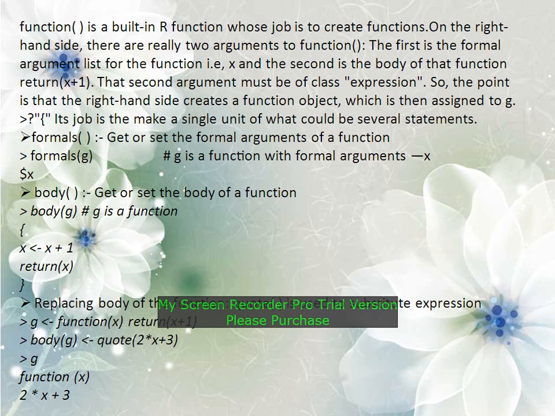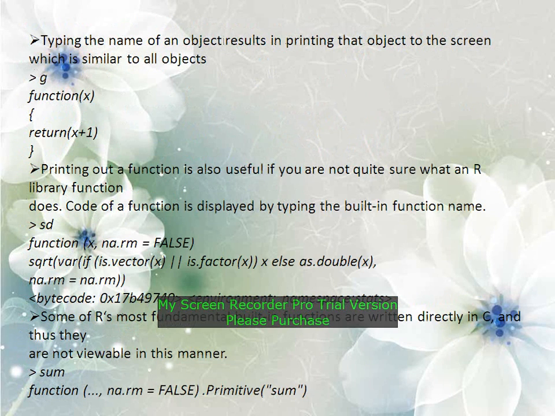So three functions: formals is always displaying the set of formal arguments we are passing through the function name, that is the function arguments list, and body is displaying the structure of the statements after the function name and function argument. And code function is used to substitute the existing body with a new set of expressions.